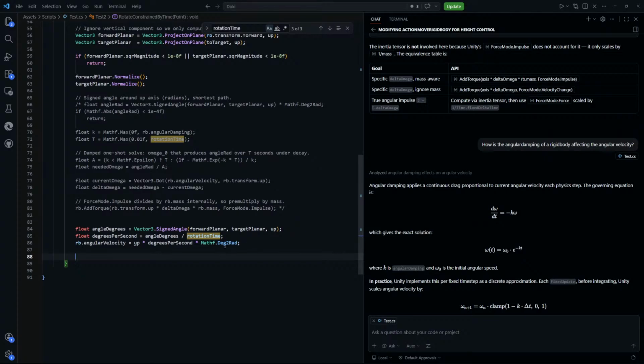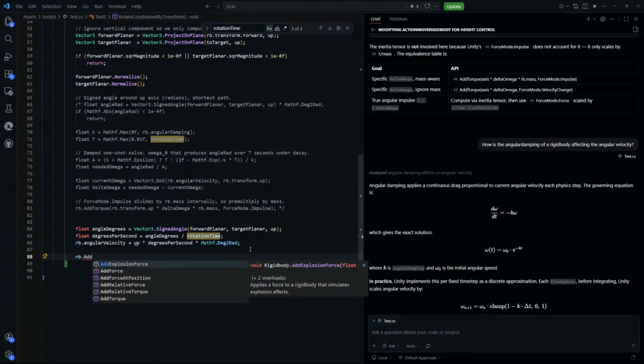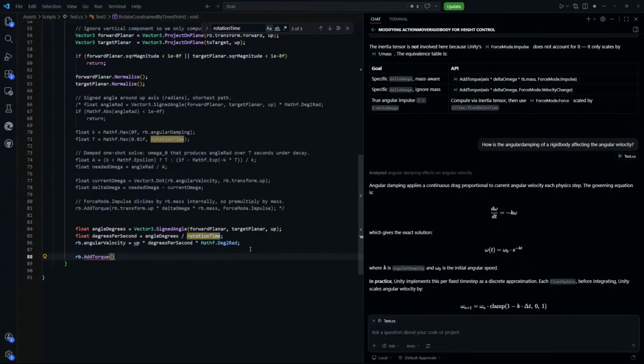But then we just want to take the damping into account as well. Because this one is gonna, if we do add torque, here we just change angular velocity.